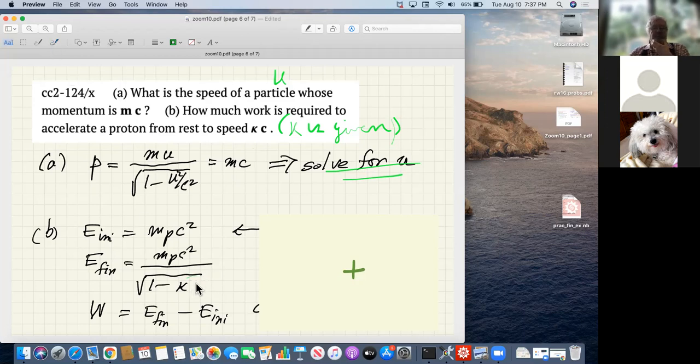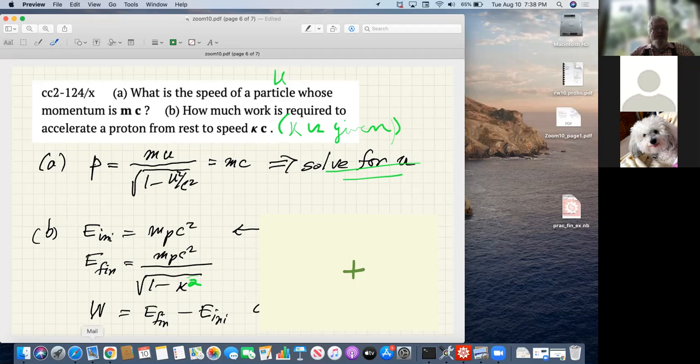So there's a bit of a misprint here. The denominator we have to have mc squared over the square root of 1 minus kappa squared. Speed is kappa c, so v squared over c squared would be kappa squared.